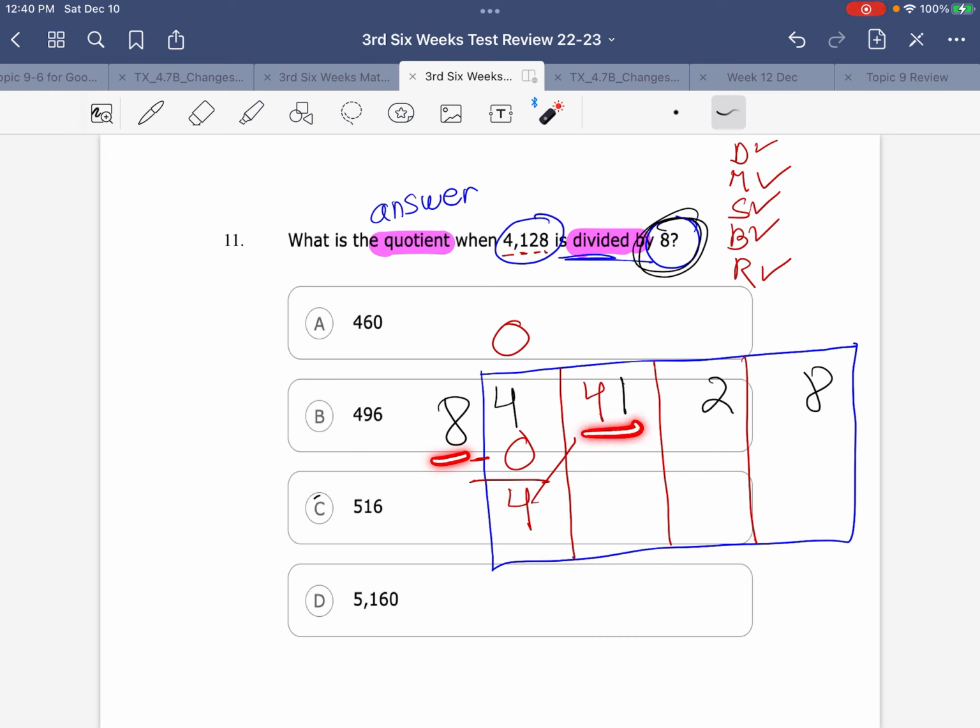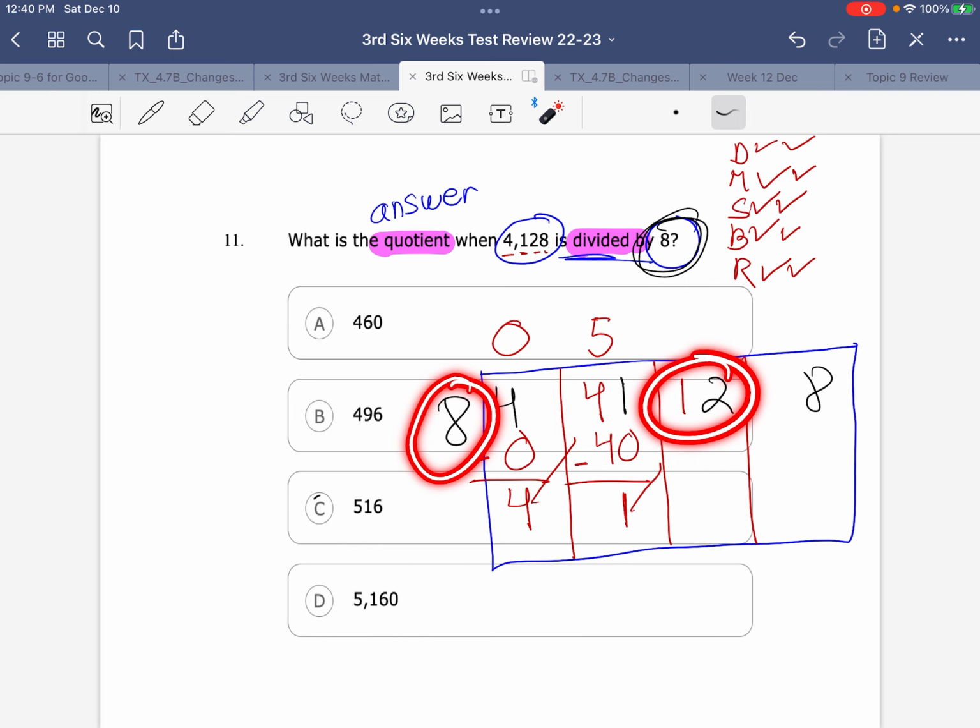8 can go into 41 5 times. I divided. 8 times 5 is 40. I multiplied. 41 minus 40 is 1. I subtracted. Now I bring up again and I do rover start over. How many times can 8 go into 12?